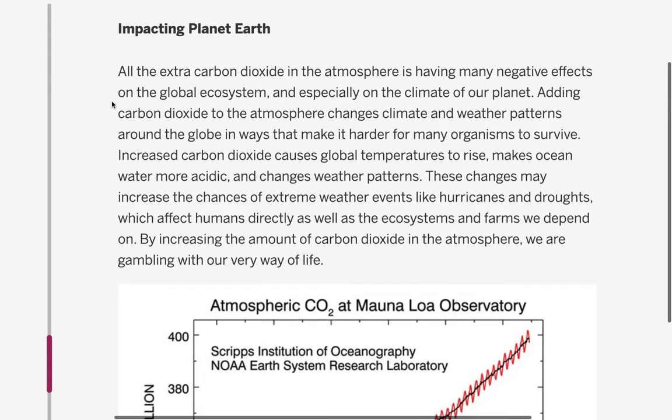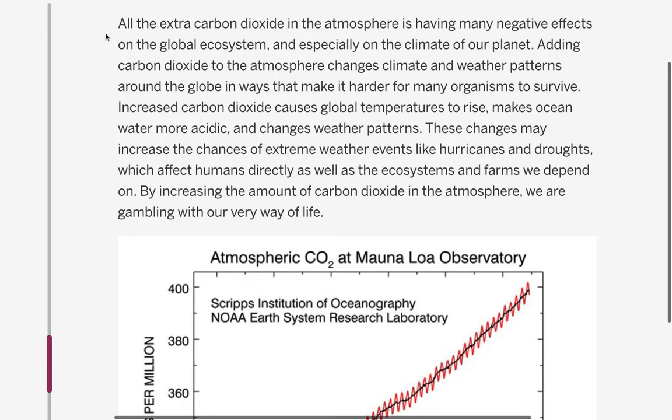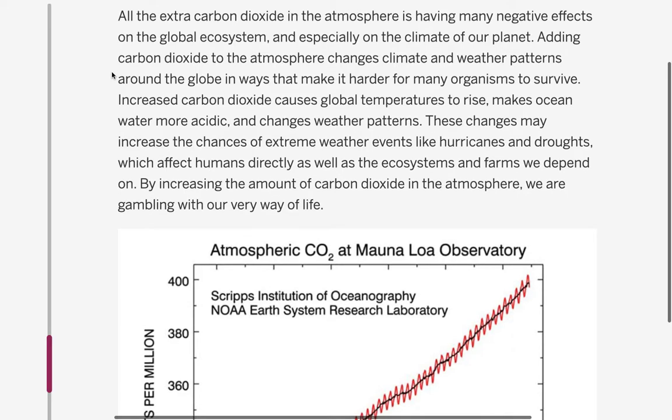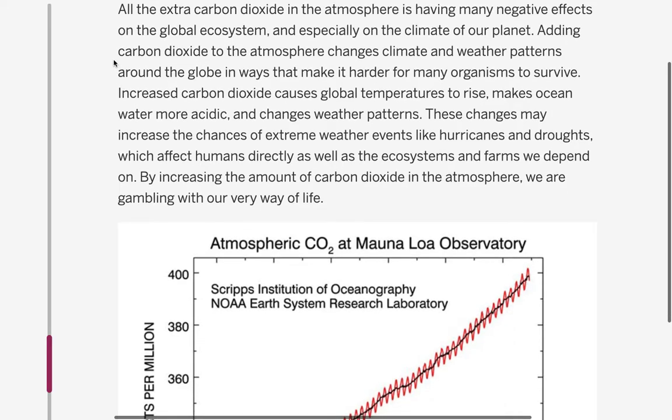Impacting planet Earth. All the carbon dioxide in the atmosphere is having many negative effects on the global ecosystem, and especially on the climate of our planet. Adding carbon dioxide to the atmosphere changes the climate and weather patterns around the globe in ways that make it hard for many organisms to survive.